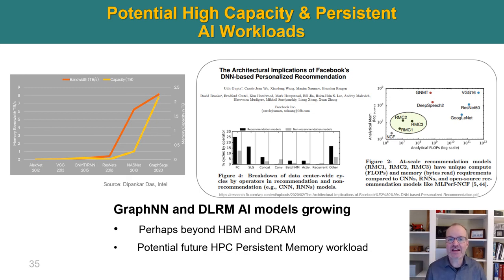Taking these two together, you could easily come to the conclusion that in HPC we will see AI workloads where very large capacity is needed per node, and that capacity doesn't always have to be as high performing as HBM or even DRAM. There would be working sets within these AI workloads themselves. If you find that happening, I think you'll find that persistent memory and the large capacity that it allows is a great match for those AI workloads. So watch for this. I think this is a coming trend, and perhaps you'll see that it is.